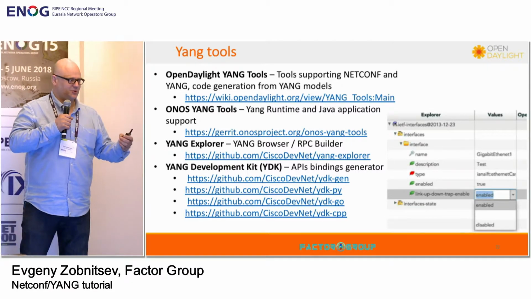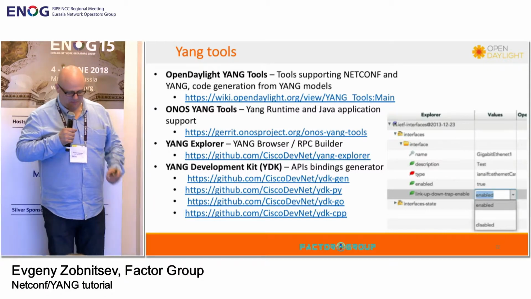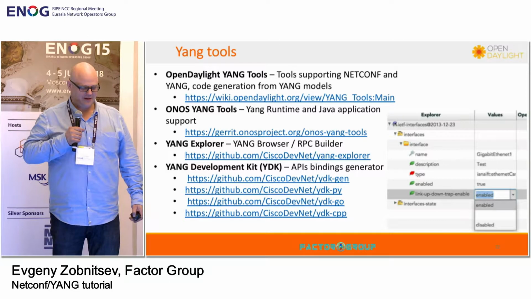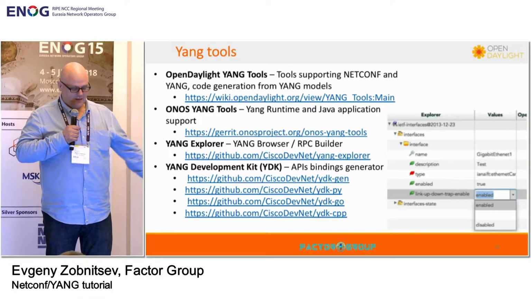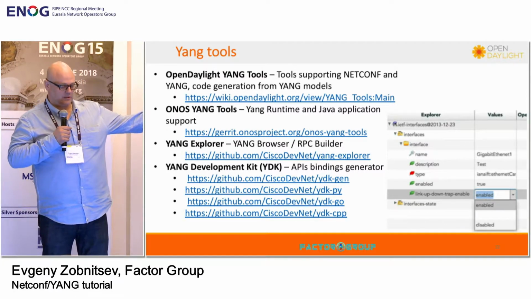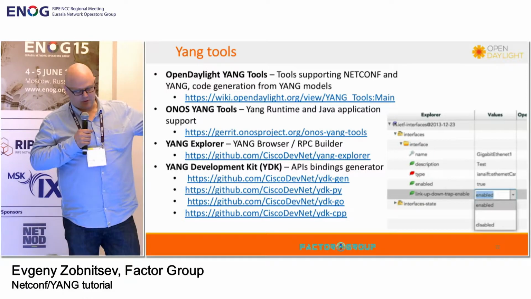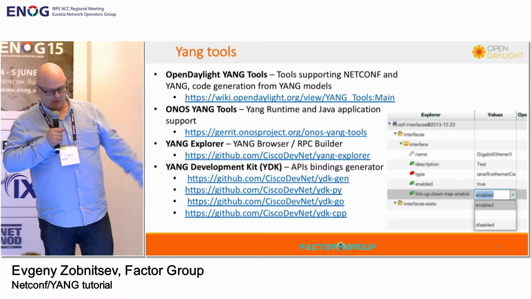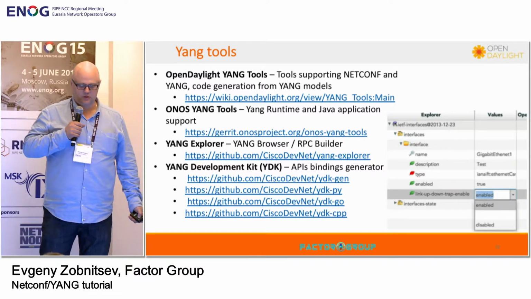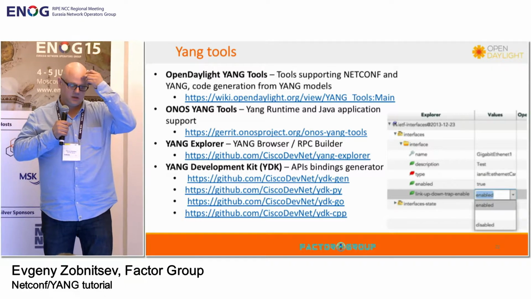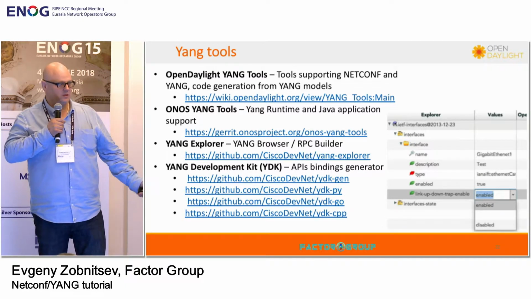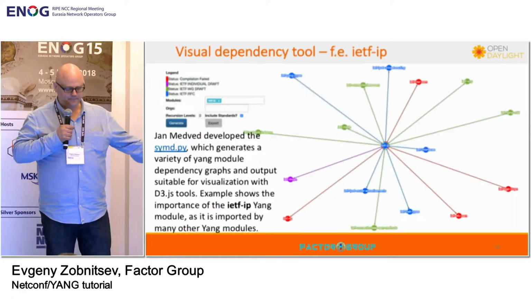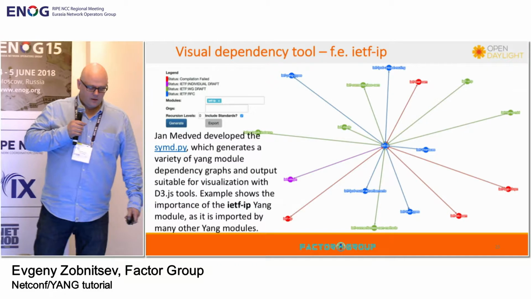But I think we don't have such people in the audience, as we all grew up from the command line and we shall keep enjoying it. And the YANG Development Kit is an open source development of Cisco, a code generator that is good to use if you have a YANG model and you want to generate the necessary library and bindings and use them in your languages.